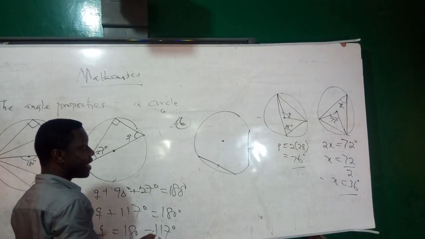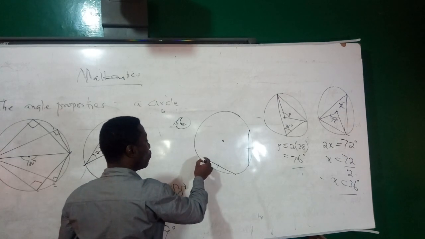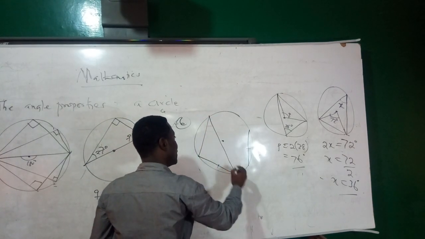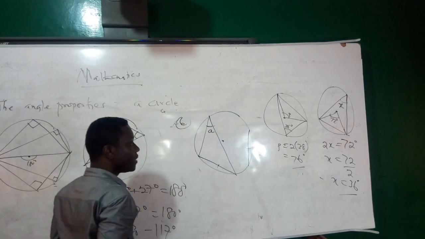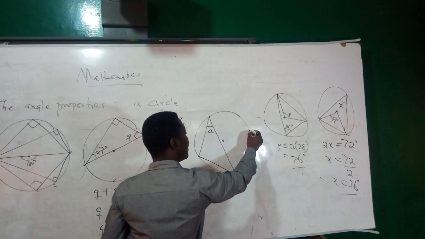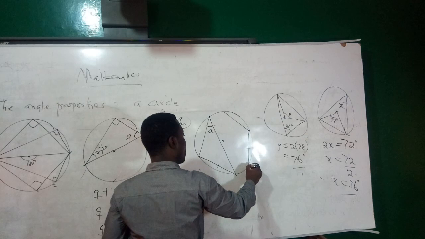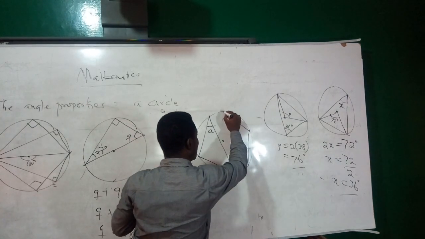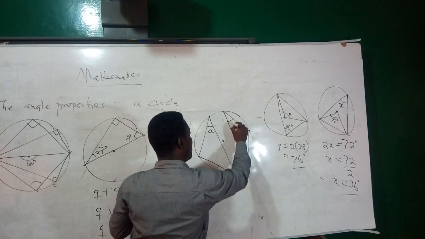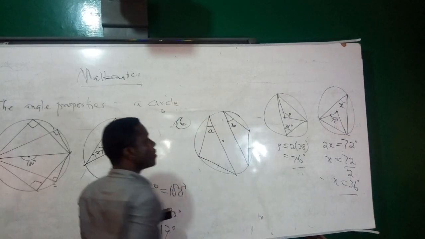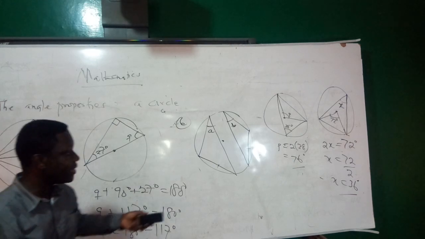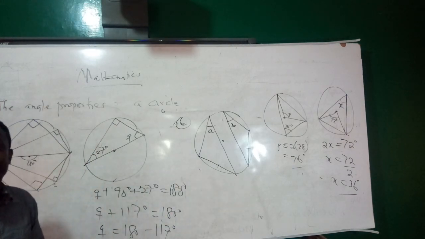Now, we are saying that the angle this chord will subtend, or form at the circumference, let's say A, and the angle that this chord will also form at the circumference, let's say B, must be equal. Why? Because we are saying that the two chords are equal.